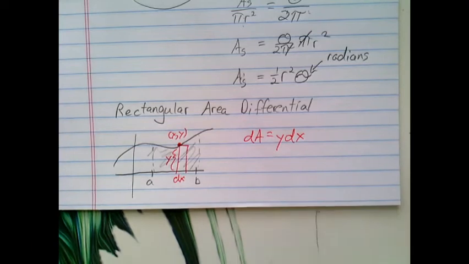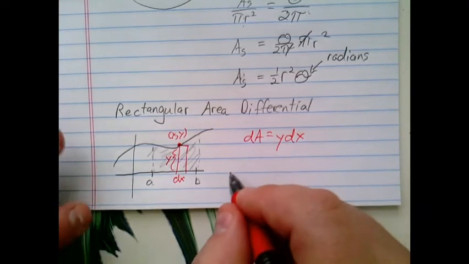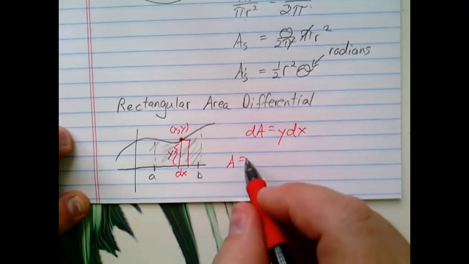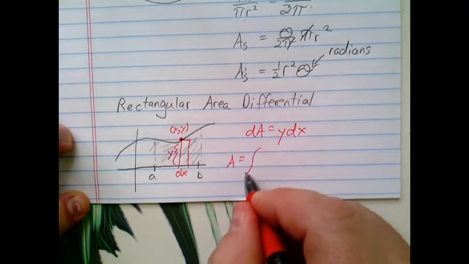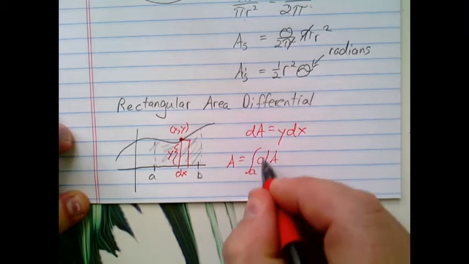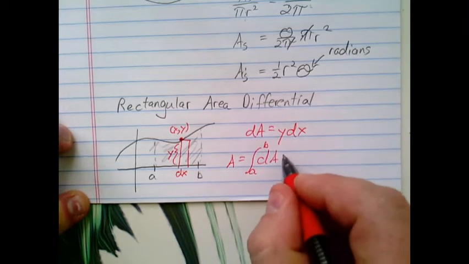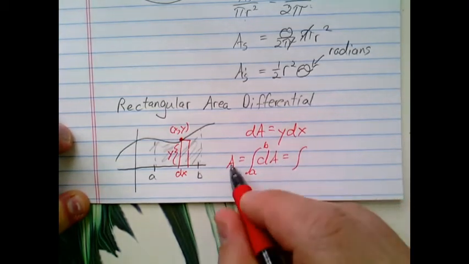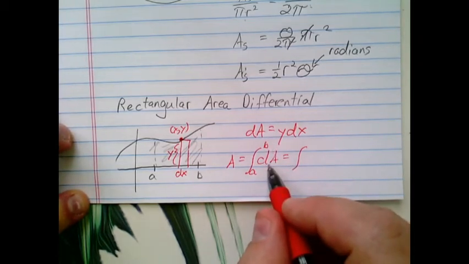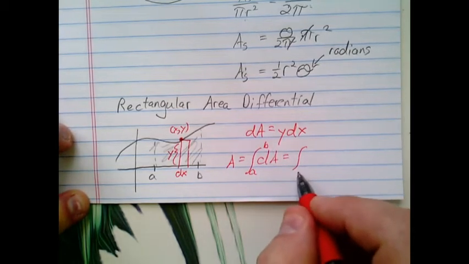Now it's been a while since we've discussed this in this course, but earlier in the course we said that for any quantity, if we want to get the sum total of that quantity, we can integrate the differential of that quantity over whatever appropriate interval. So if I want to get the total area from x equals a to x equals b, I have to integrate the area differential.